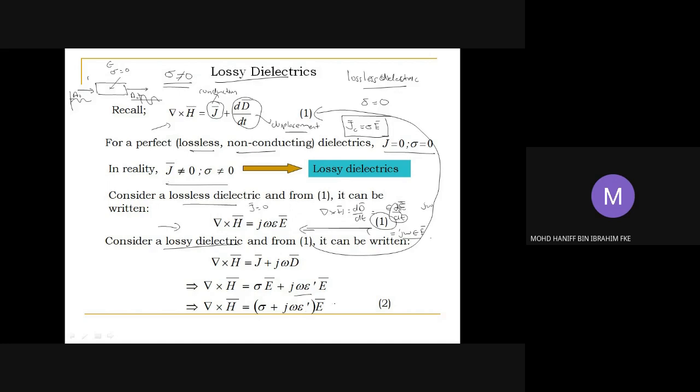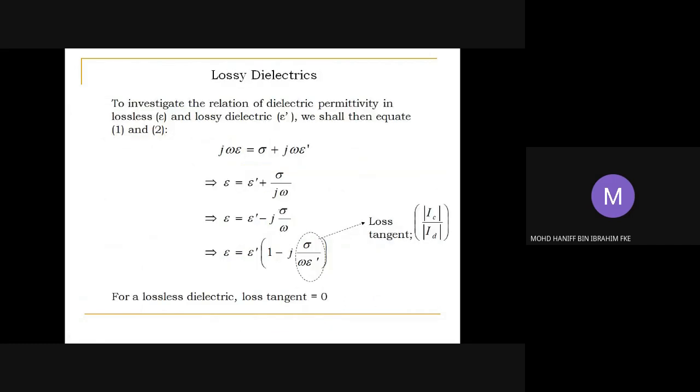What we are going to do now is compare the equation for the lossless medium, the perfect dielectric, and the equation for the lossy medium or lossy dielectric. So we are going to compare these two equations.